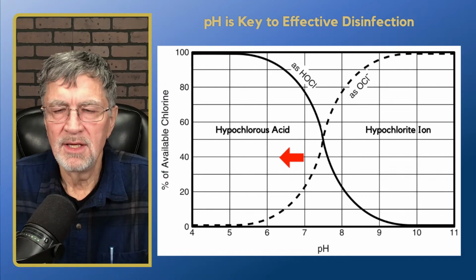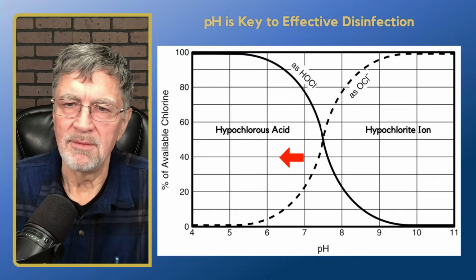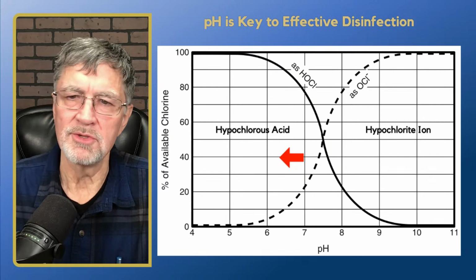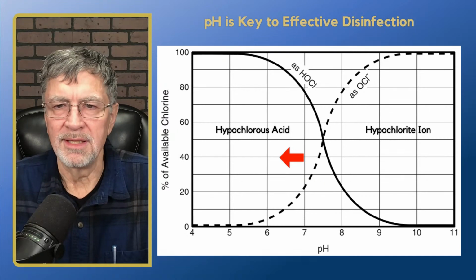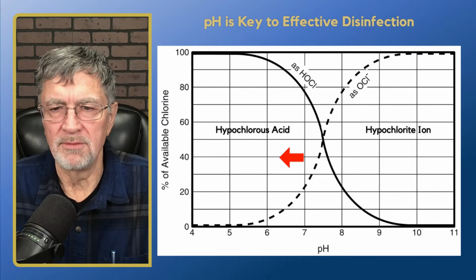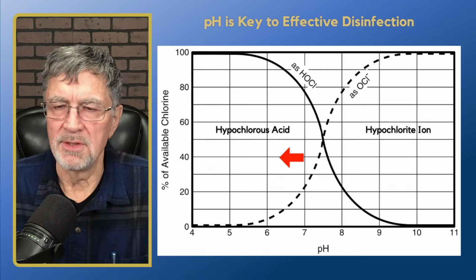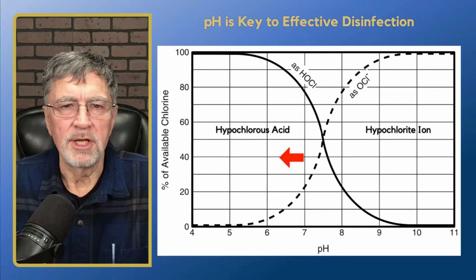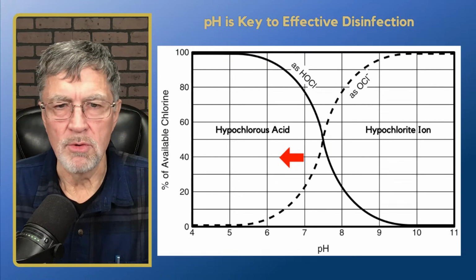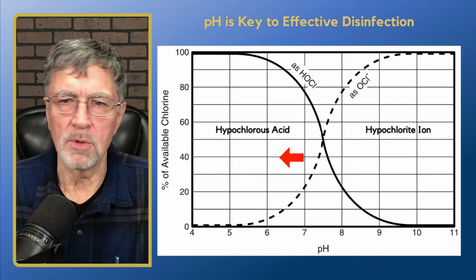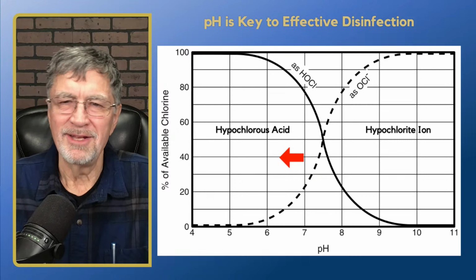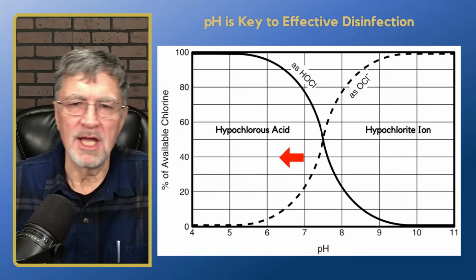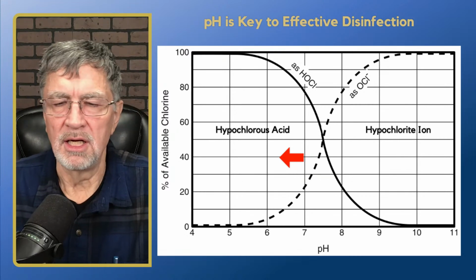You can see the crossover point is right about 7.5, where you start to get equal proportions of hypochlorous acid and hypochlorite ion. When you get down to 6, like we mentioned, you are almost 100% hypochlorous acid, and that's going to be your optimal range. You don't really gain too much shifting the pH even lower.